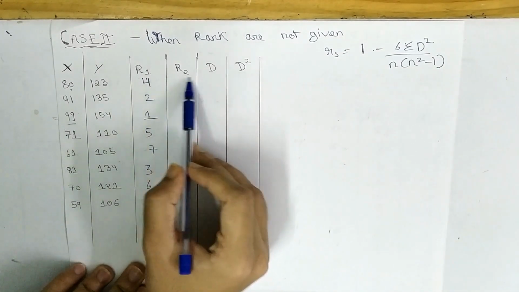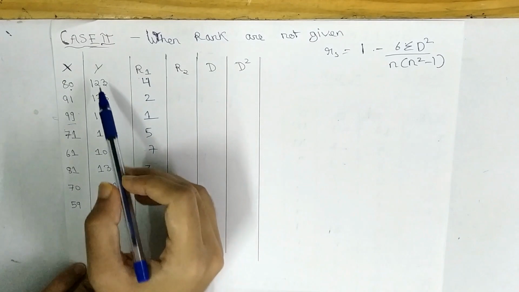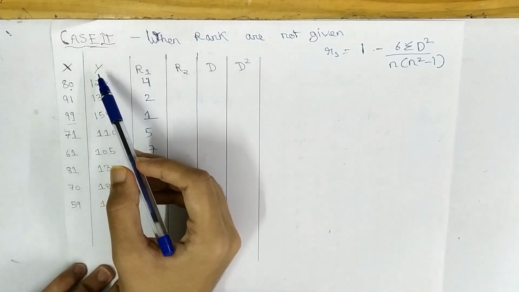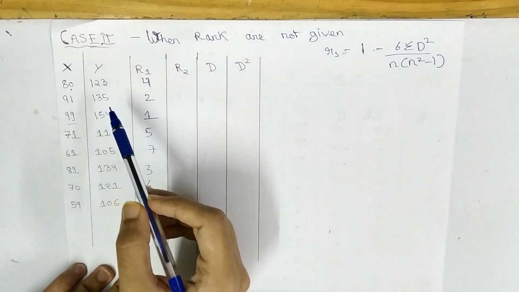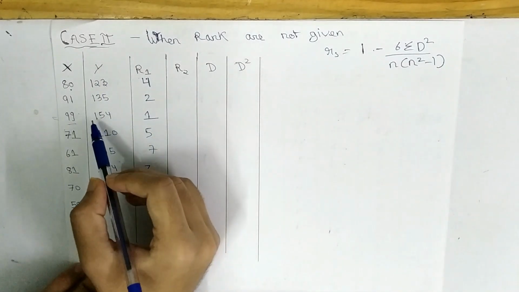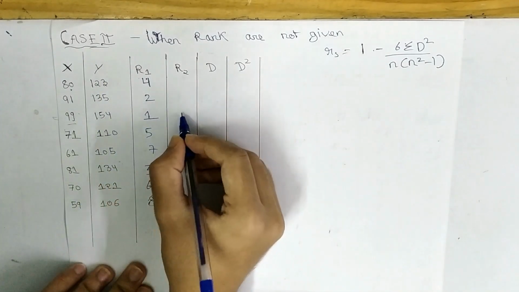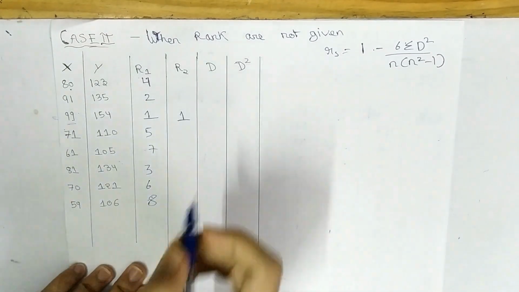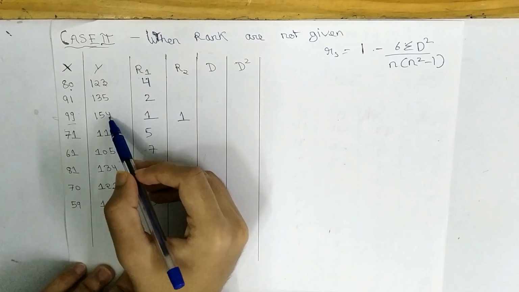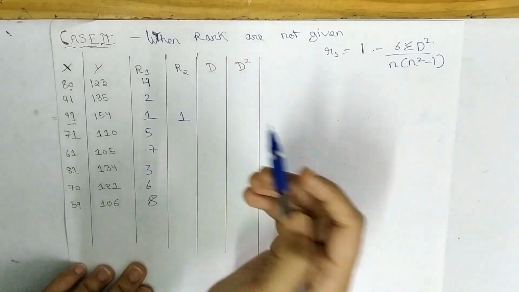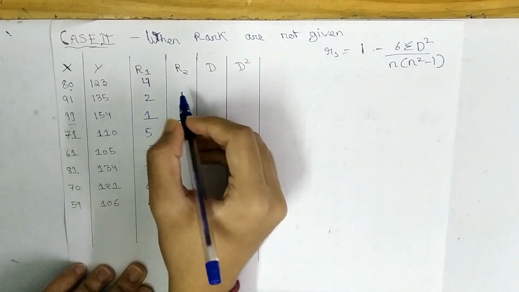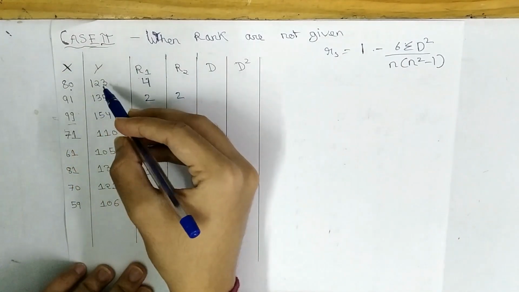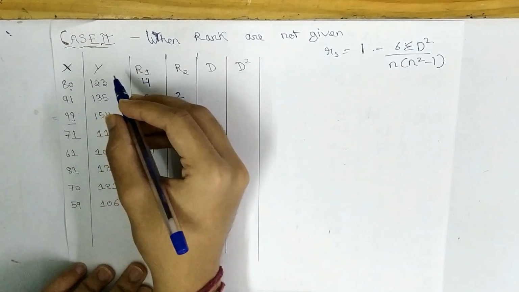We find rank 2 from the Y column. Now which is the greatest number in the Y column? The greatest number in the Y column is 154. So 154 has rank 1. Now after 154 the greatest number is 135. So rank 2 is this. And with the same process we have to mark the ranks.